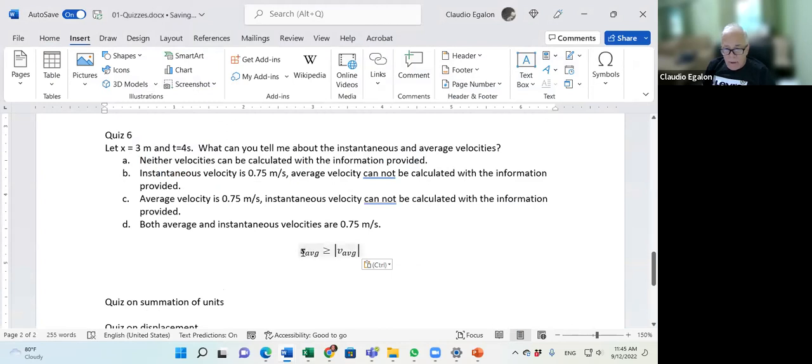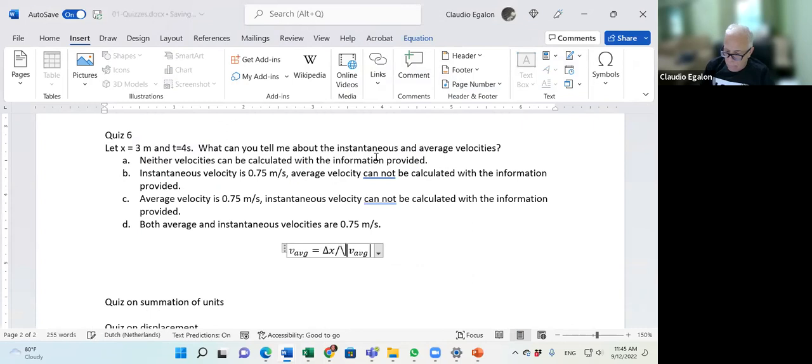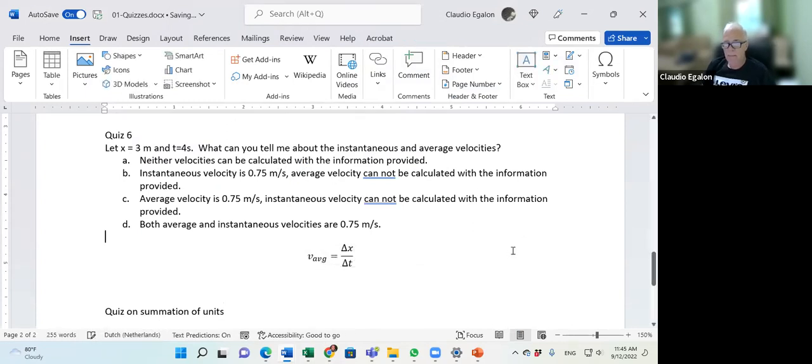Average velocity is what? Delta x over delta t. Note that you are required to have this information, delta x and delta t.